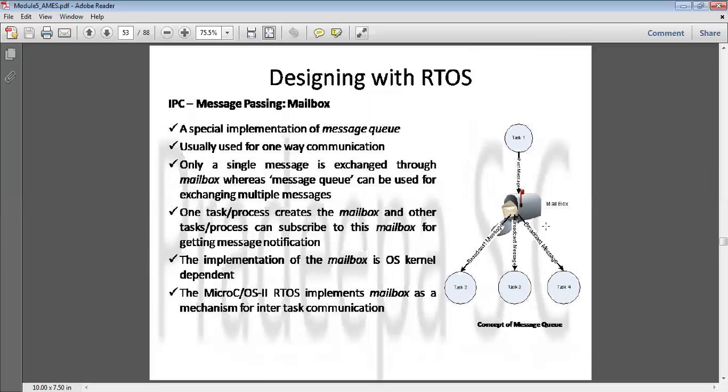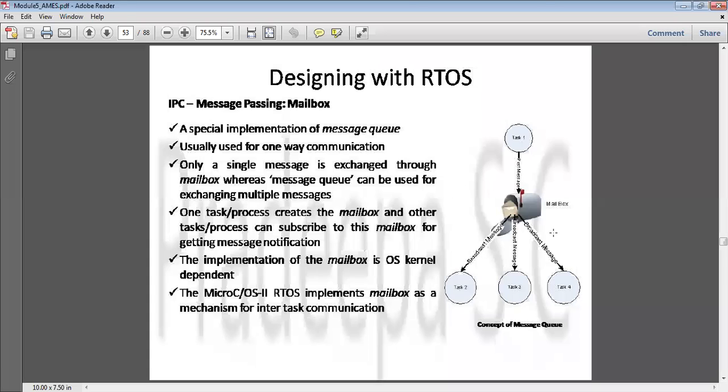One process creates a mailbox, so it is one-way communication. It is nothing but broadcasting. One process wants to communicate with n number of processes, so first it puts the message in the mailbox, and the other processes have to subscribe to this mailbox. Only then will they receive the message.